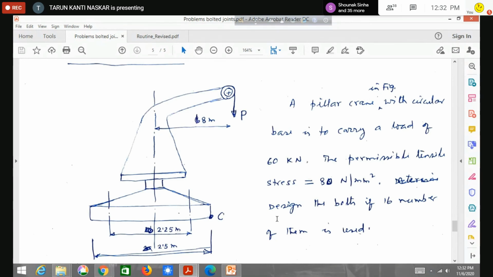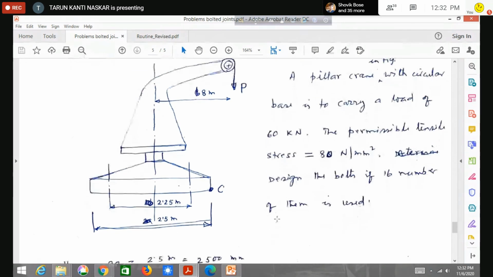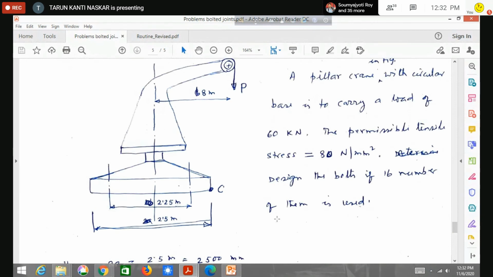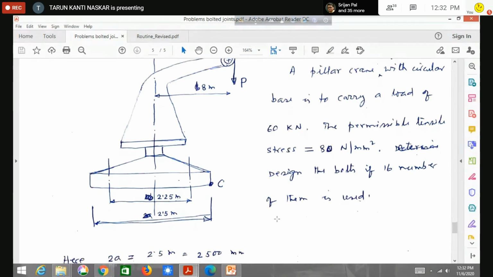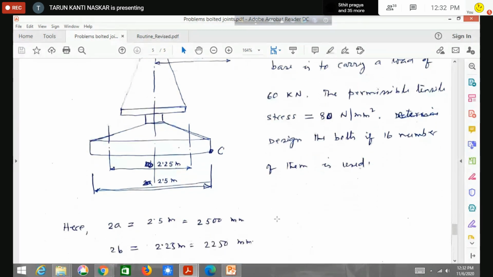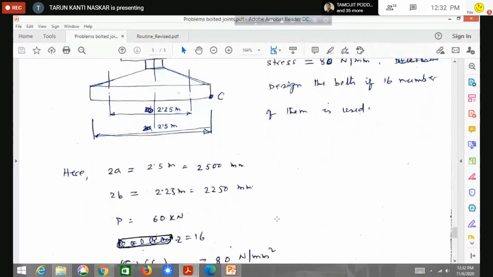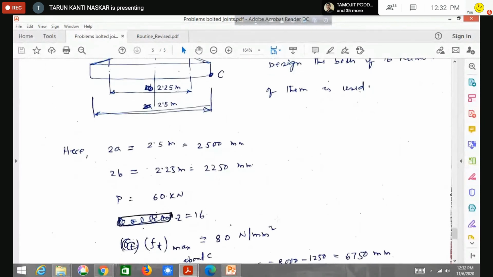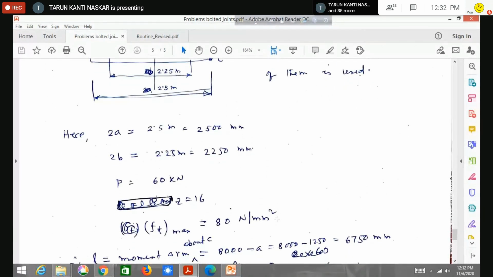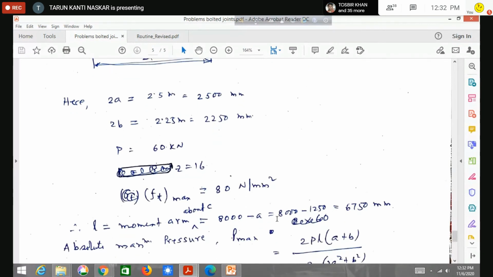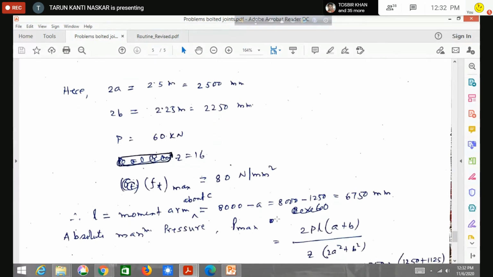So the eccentricity is 8 meter. You see the two dimensions 2A and 2B are there. 2A is 2.5 meter and 2B is 2.25 meter. So 2A is 2500 millimeter, 2B 2250 millimeter, P equal to 60 kilonewton, Z is 16, that is the number of bolts, and Ft max equal to 80 Newton per millimeter square.